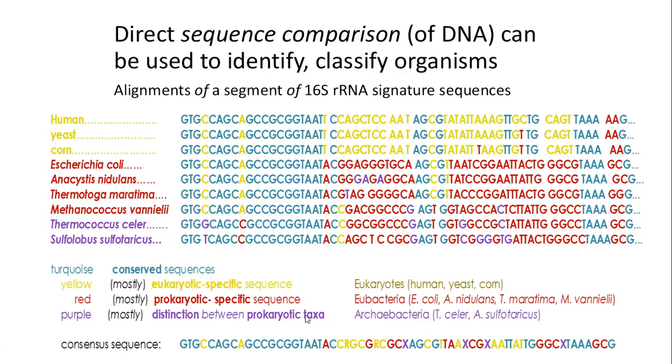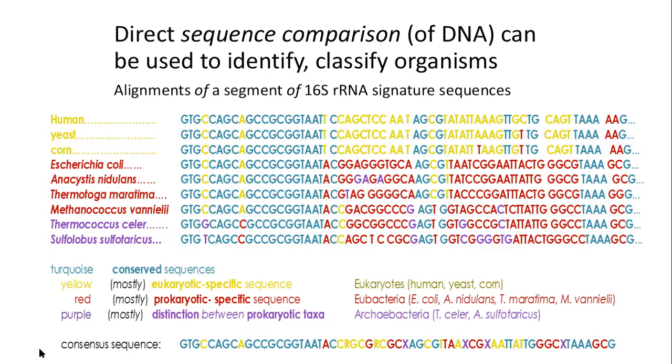And at the bottom here, it shows you what we call the consensus sequence. So if you go through and pick out basically the most common base pair at each one of these spots, you get a sequence like this. Now you'll see some X's in here. That just means that there was no dominant base pair there, okay? DNA is A, T, G, and C, right?